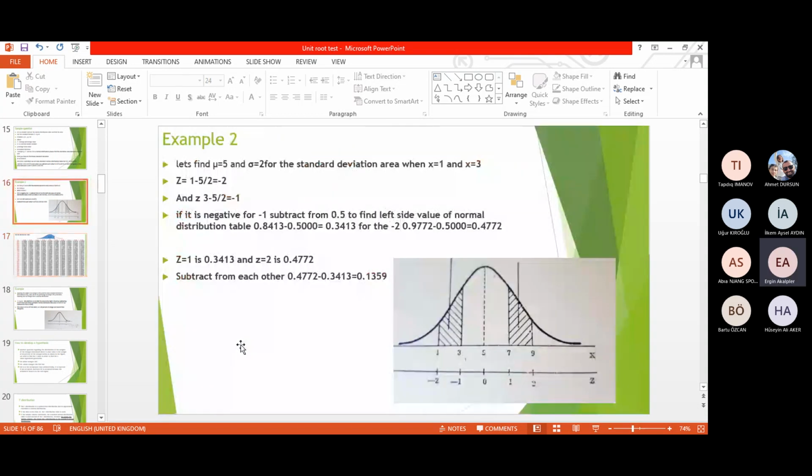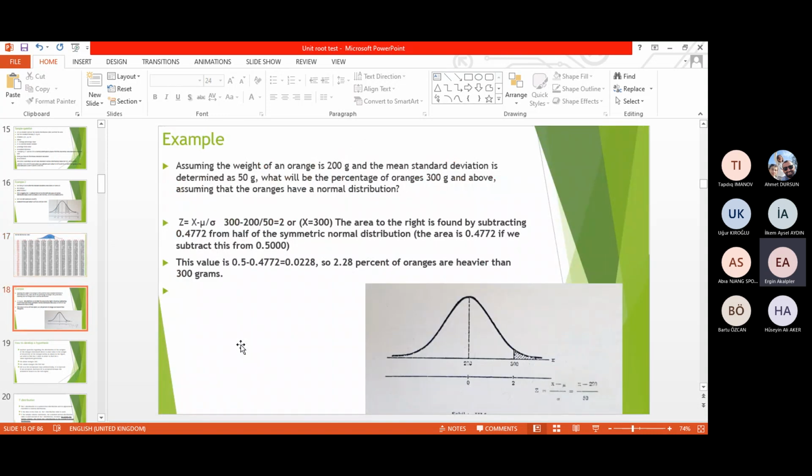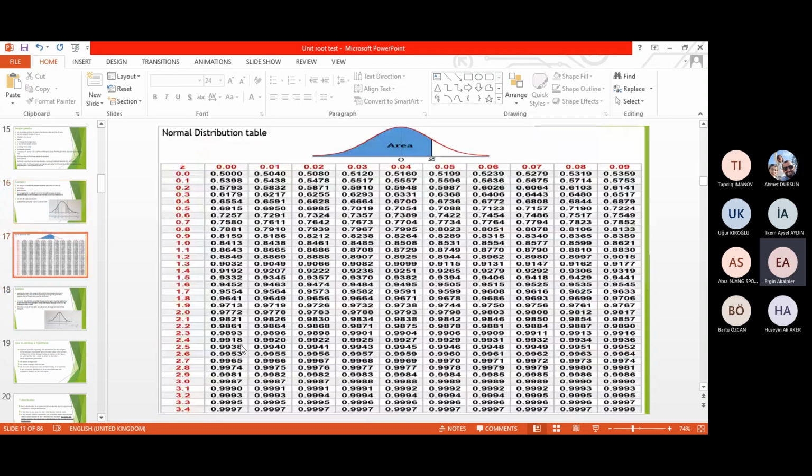As you are observing here, 1 from the right side, 1 from the left side, which is going to be estimated after 5. This is started from 0, let's say the central point, which is 0.5000. Then you are looking for the numbers here, 2, -2, and -1.